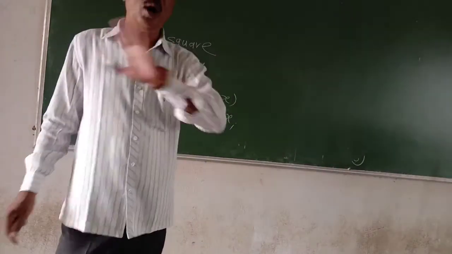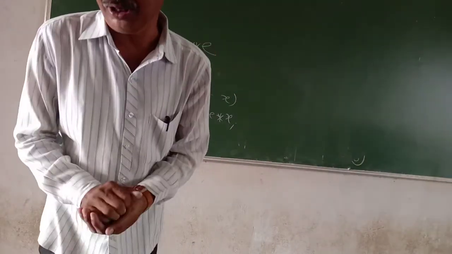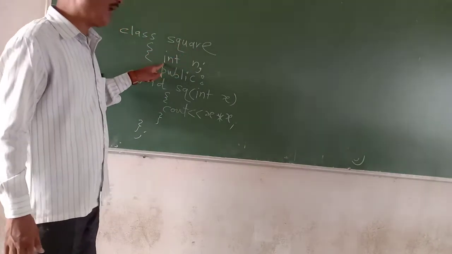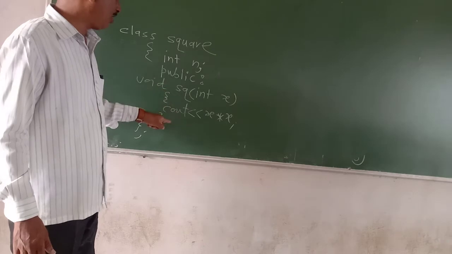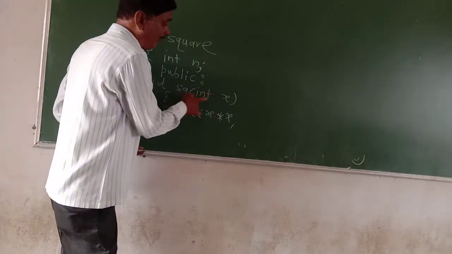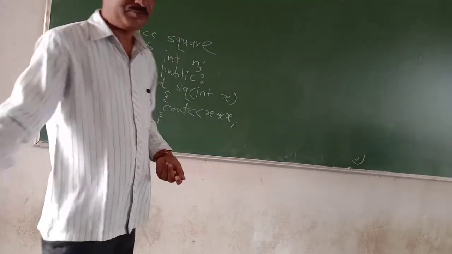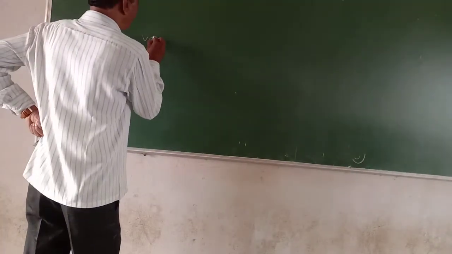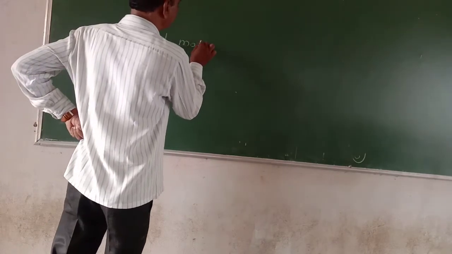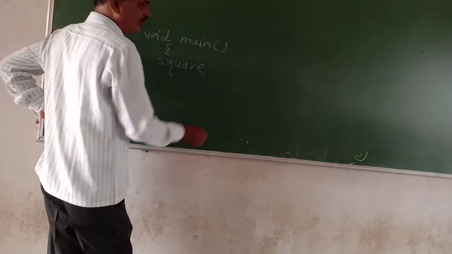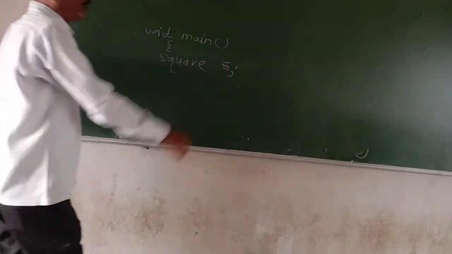Once a class is over, we are going to create the object. Class, space, class name, data member n, function member. When the function is called in main, we must pass the parameter because we have mentioned the parameter x. First of all, create the object in main. The name of the class was square, say the object is s.